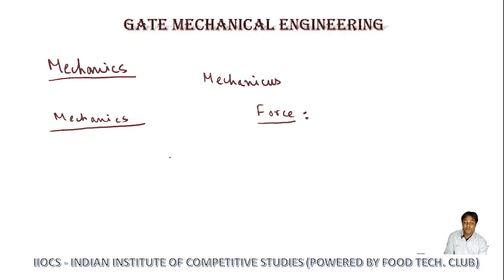Suppose this is a body, let me take a wooden block that is kept on a table. This is the table surface and we are applying some external agent. So, it will move in this direction. The wooden block will come to this position after application of force.